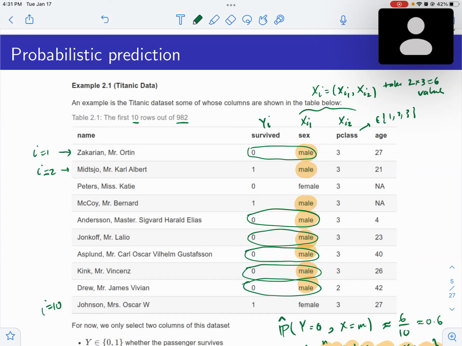You can think of it as a new covariate that takes 6 values. You can encode it however you want. It doesn't matter that there are 2 coordinates. It's just like one column, but now takes 6 values.